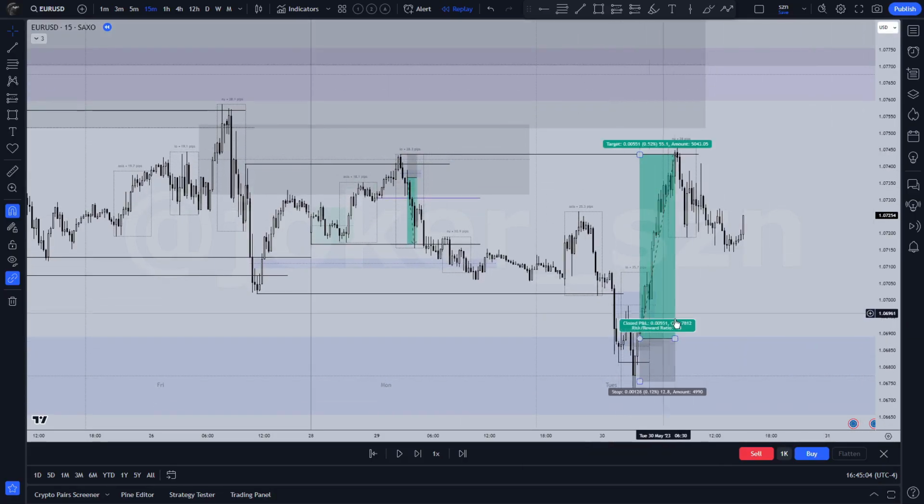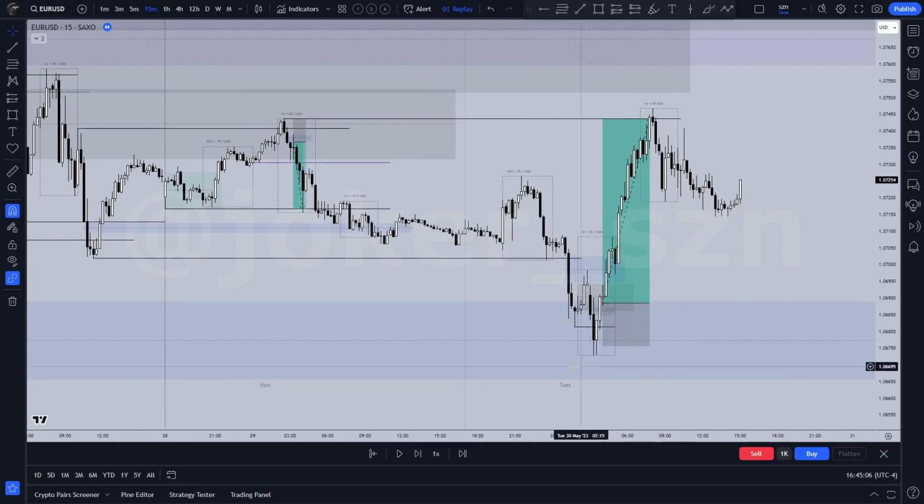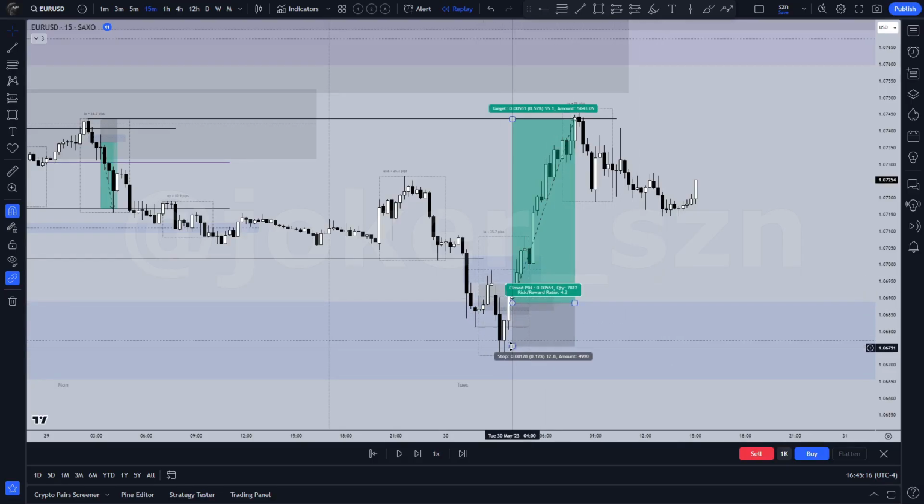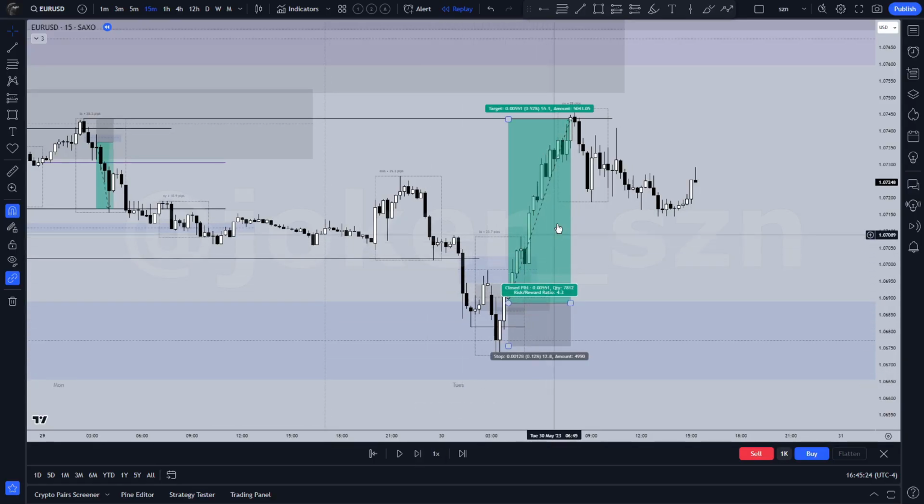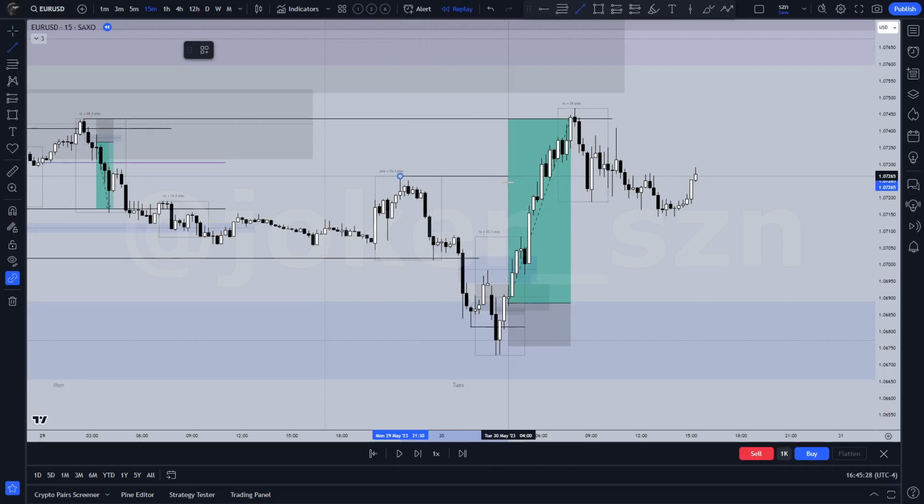And we also had a higher time frame level, which was this volume imbalance. And then we had the shift in order flow on the M5, and then as well on the M15. So you could have entered here twice, right? You could have entered on the M5 shift in order flow, and then again on the M15 shift in order flow, right? And then we had our first TP, the Asian highs, and then the second TP, the Monday highs.